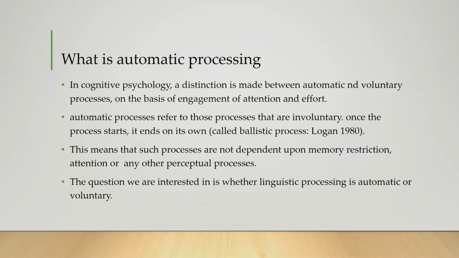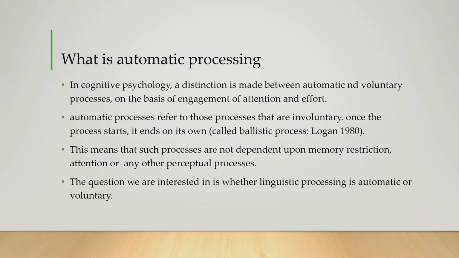So, whether or not deliberate attention is utilized as a guiding principle for certain processes, and if there is a deliberate deployment of attention, then there is also an amount of effort included in that. Whether or not we include these two into a task decides whether the process is automatic or voluntary. This is how cognitive psychology looks at it.